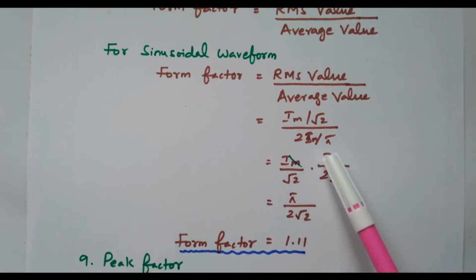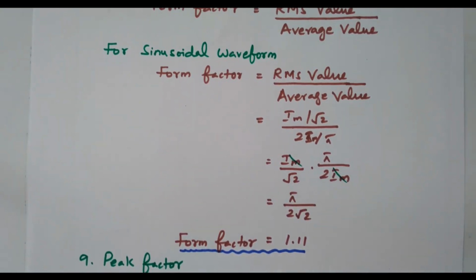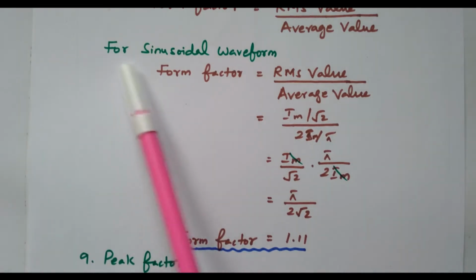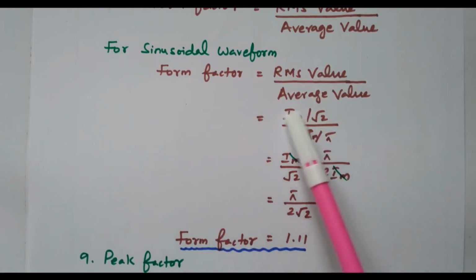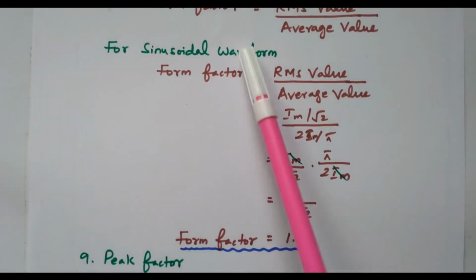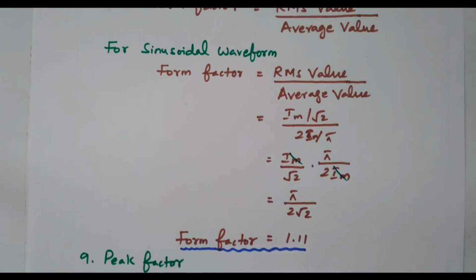What we have is pi divided by 2 root 2. By simplifying this, it is nothing but 1.11. So for a sinusoidal waveform, the form factor is 1.11.